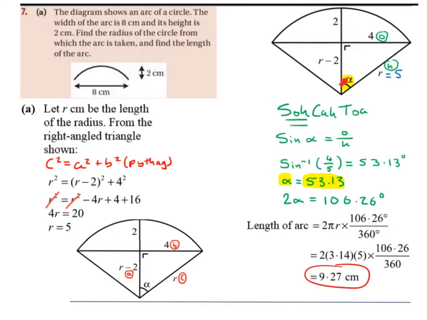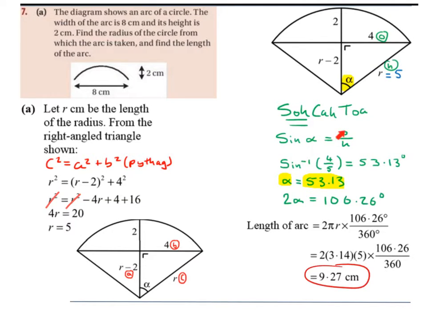So remember that this is a right angle triangle, and we have the opposite side being a length of 4 centimeters, and the hypotenuse, which happens to be the radius, being 5, and we work that out over here. So since we have the O and the H, and we're looking for this angle, from SOHCAHTOA, we're going to use SO, which states that sine x, or sine alpha, is equal to the opposite over the hypotenuse.